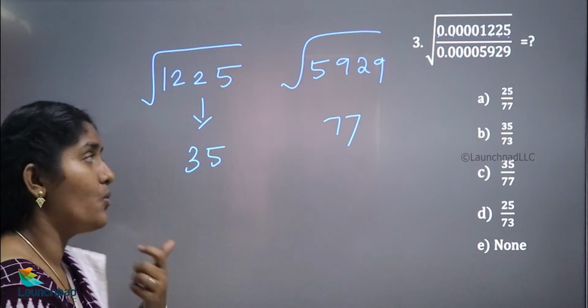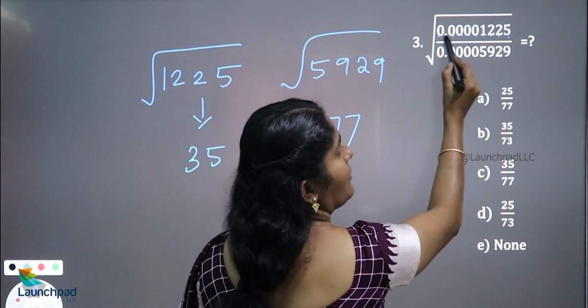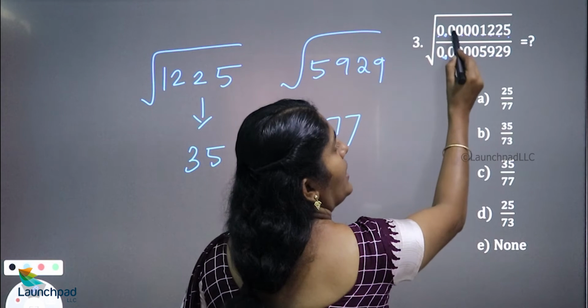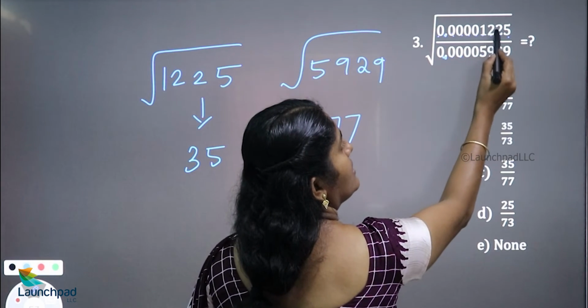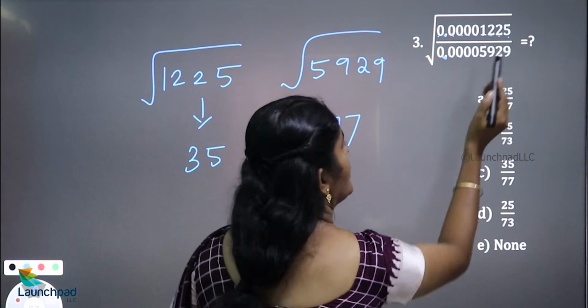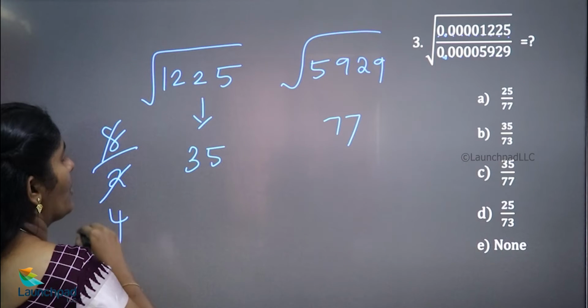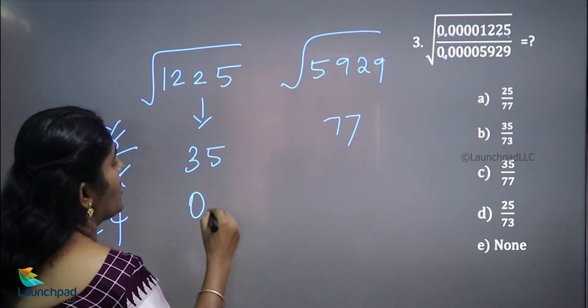What is the reason? Listen, how many numbers are there after the decimal point? 1, 2, 3, 4, 5, 6, 7, 8. So 8 divided by 2 means we have 4. So we want to make 4 decimal places.